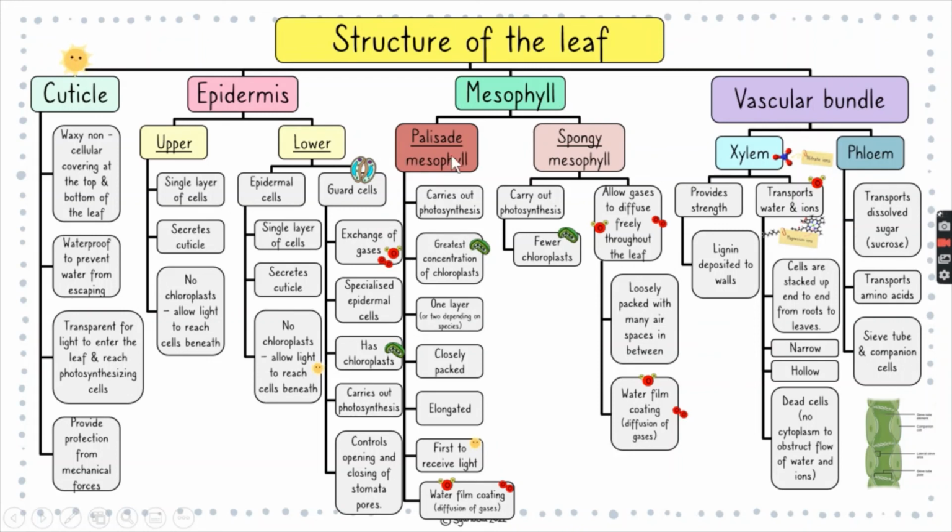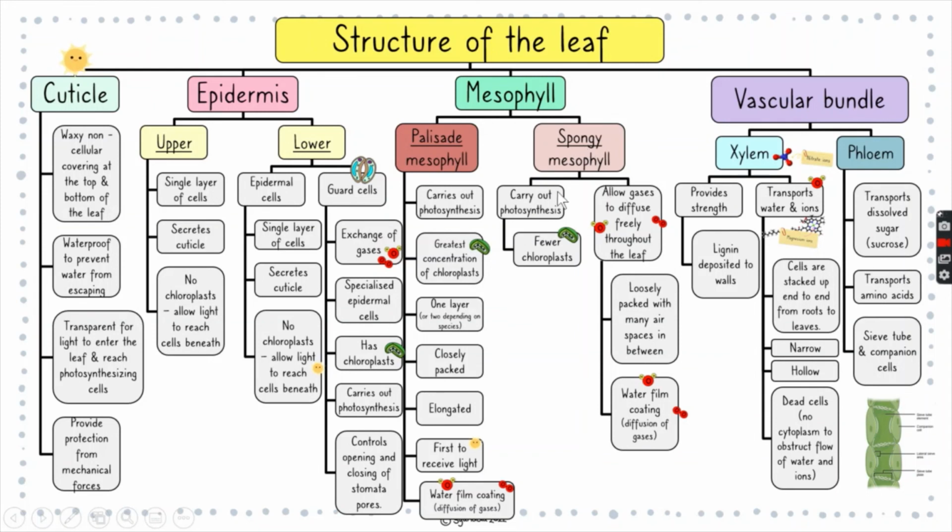The mesophyll tissue, you have two types, which is the palisade and the spongy. Palisade carries out photosynthesis, and it has the greatest concentration of chloroplasts. It is one layer or two, depending on the species, closely packed, elongated, and they are the first to receive sun. They also have a water film coating so that they can diffuse gases like carbon dioxide into the palisade mesophyll cells.